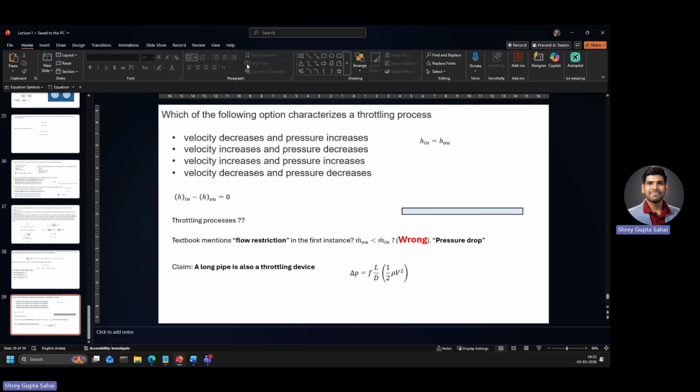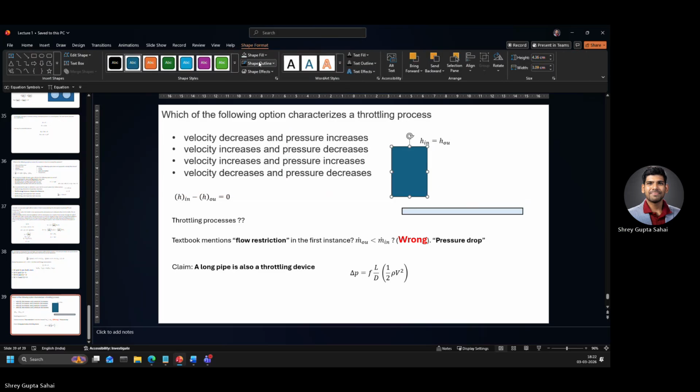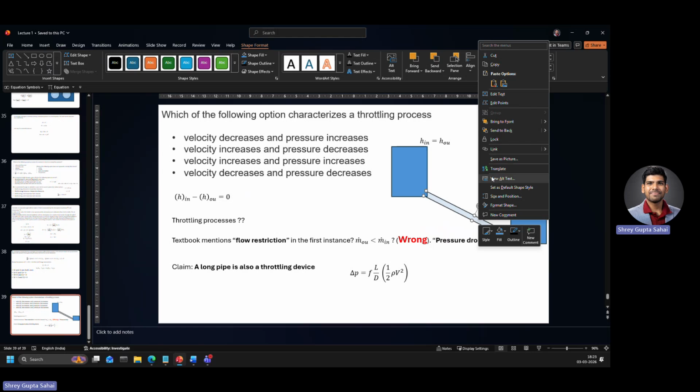Suppose you have two tanks. You have one tank that's filled up to the brim, let's say, and then you have a smaller tank, and you know that if there is a difference in the heights, then there is a difference in the pressures at the inlet and the outlet, isn't it?